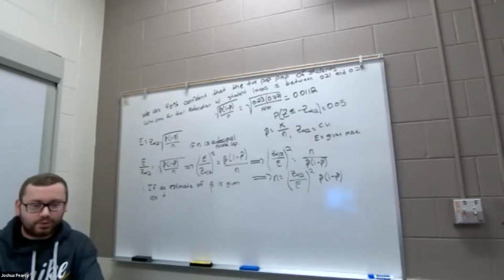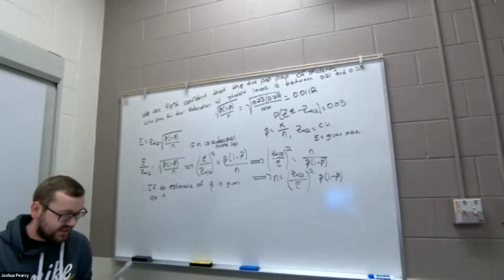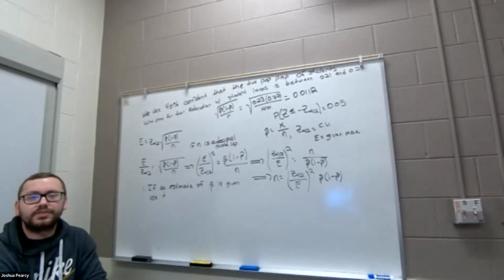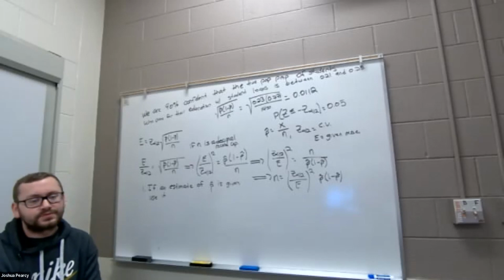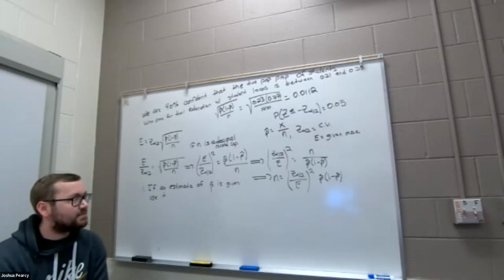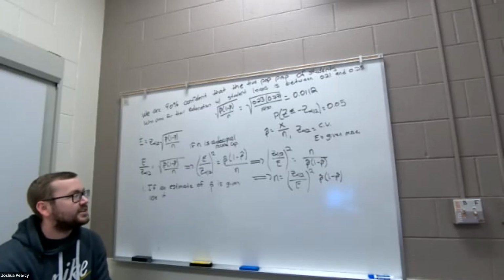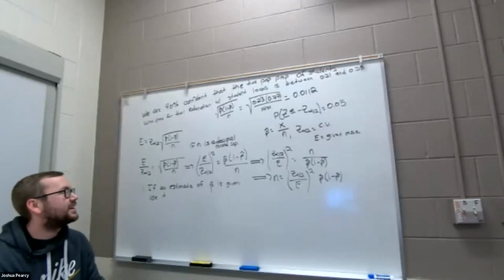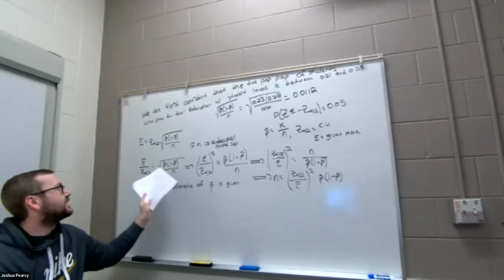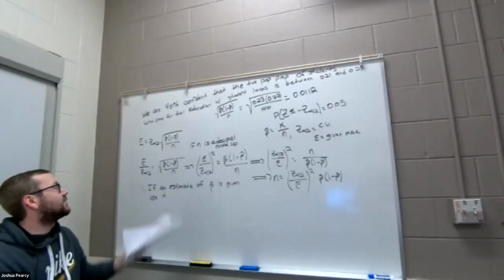If I don't tell you what it is, then what do you think you would use? You want something that's going to maximize n while keeping the error the smallest.